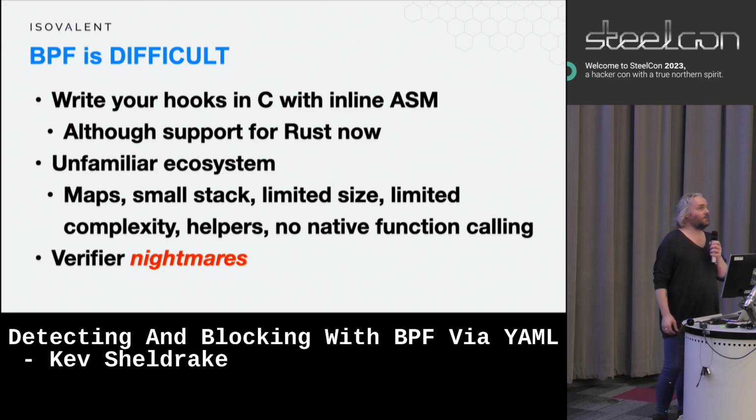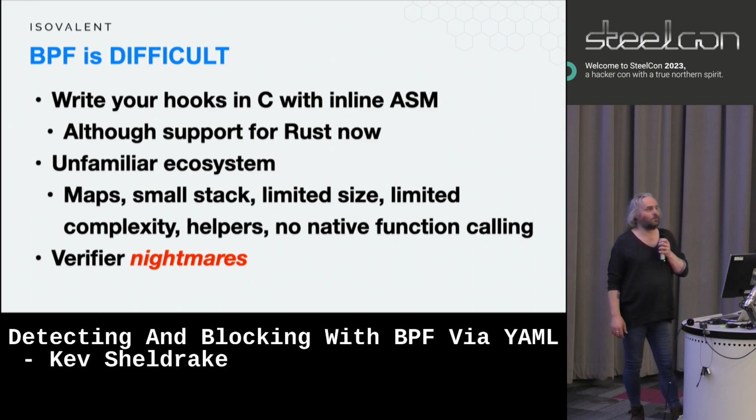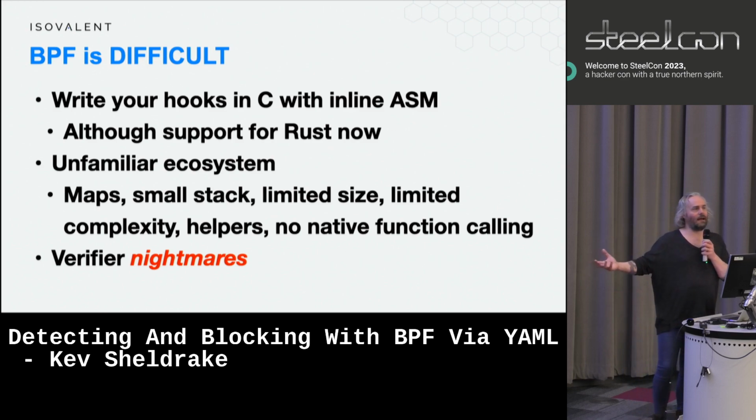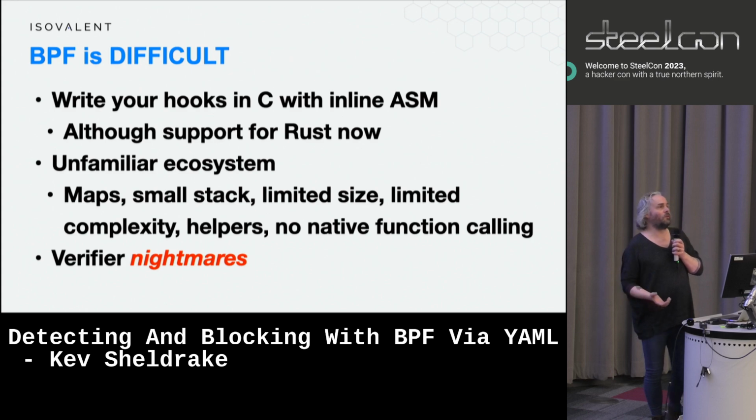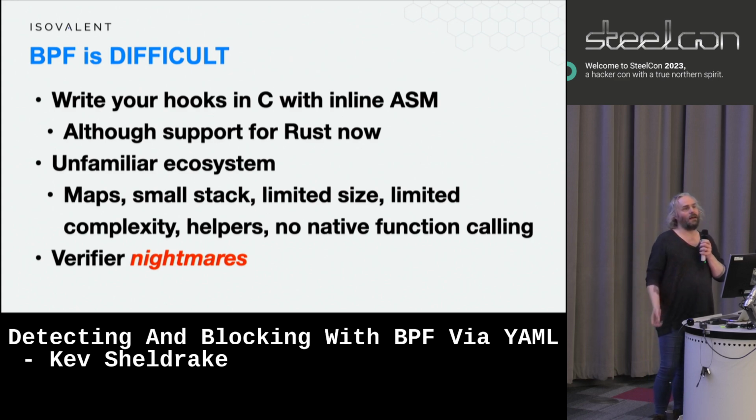The other thing with the verifier where it becomes a nightmare is you have to optimize your code. If you compile it with something like Clang, you have to optimize it in order to get it loaded into the kernel in the first place, because it needs to be optimal. But in doing so, Clang will optimize out a lot of the checks that you put in place to satisfy the verifier. For example, if you've got an index into an array and you don't constrain that in any fashion, then theoretically that index could take any number that variable could hold.